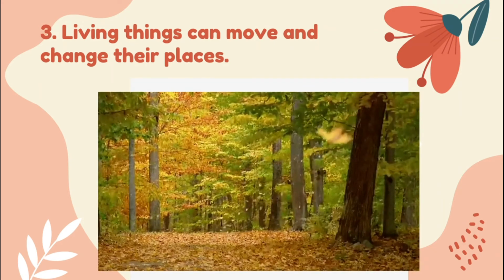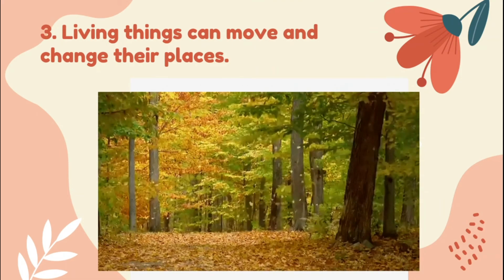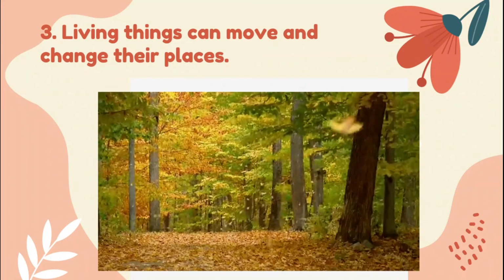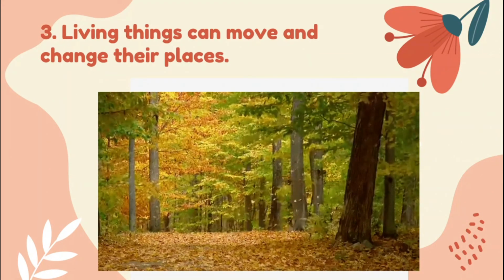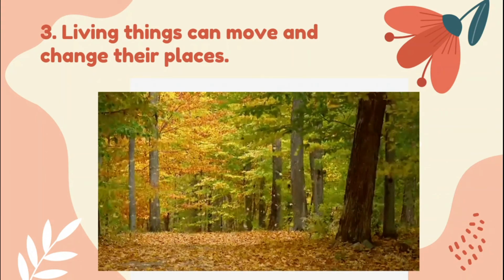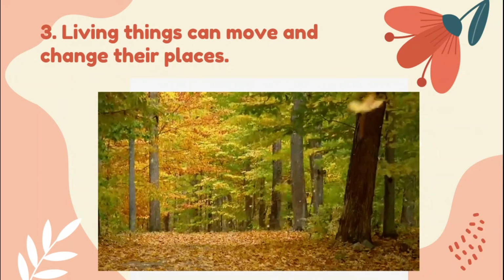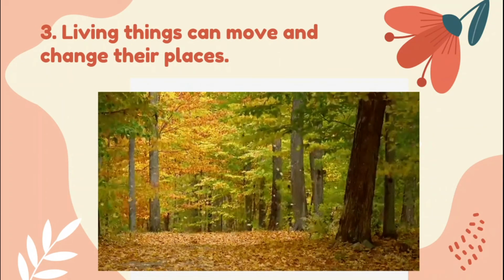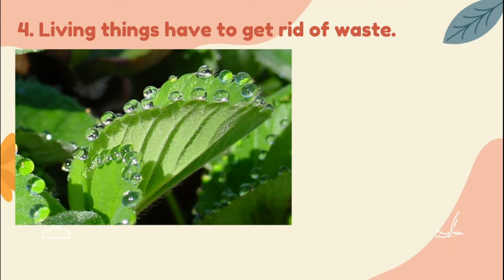People can walk by their legs, and the tree cannot move, but its leaf can be gone. Look at the photo. You will see that the trees are changing its leaf. And the fourth feature of living things is living things have to get rid of waste.